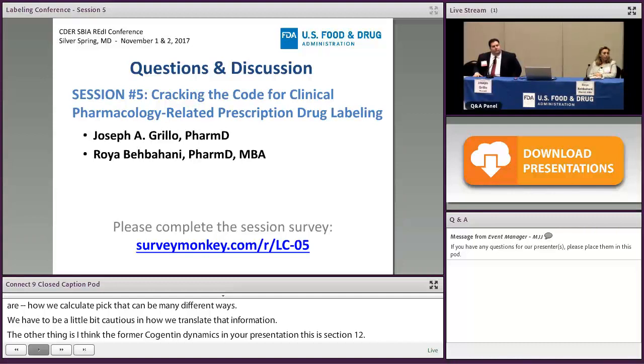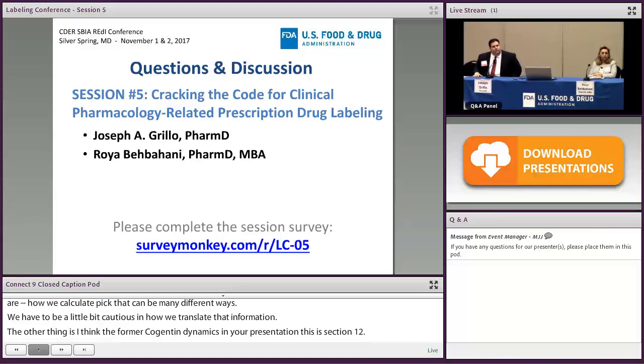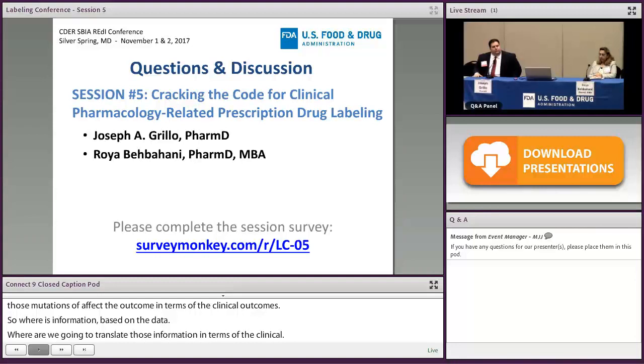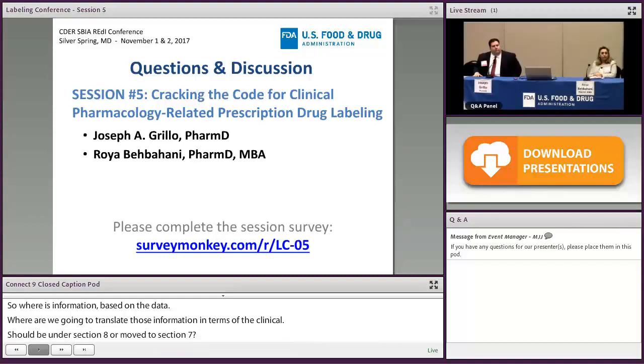So where this information is based on the data, where are we going to translate it in terms of the clinical? Whether this should be under section 8 or whether this information should be moved under section 7. So if you want to answer some of those, and I also have comments for Oya as well.